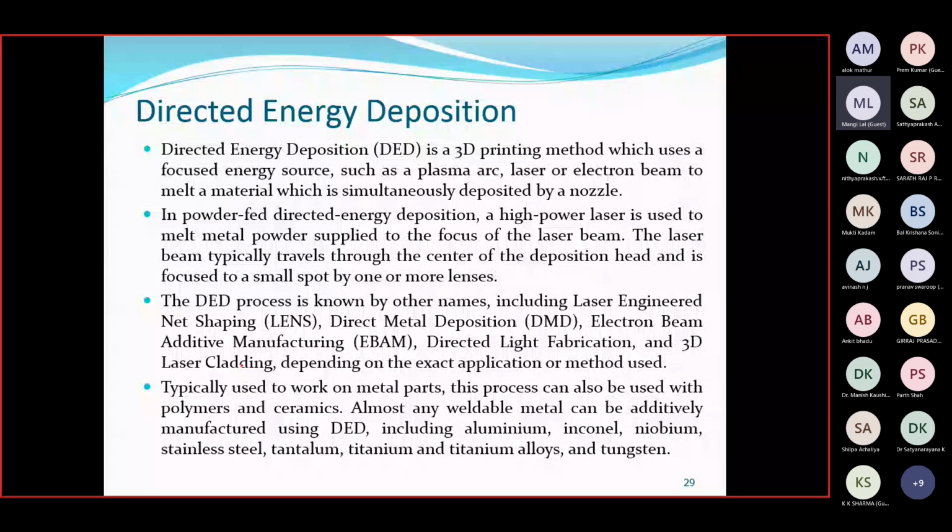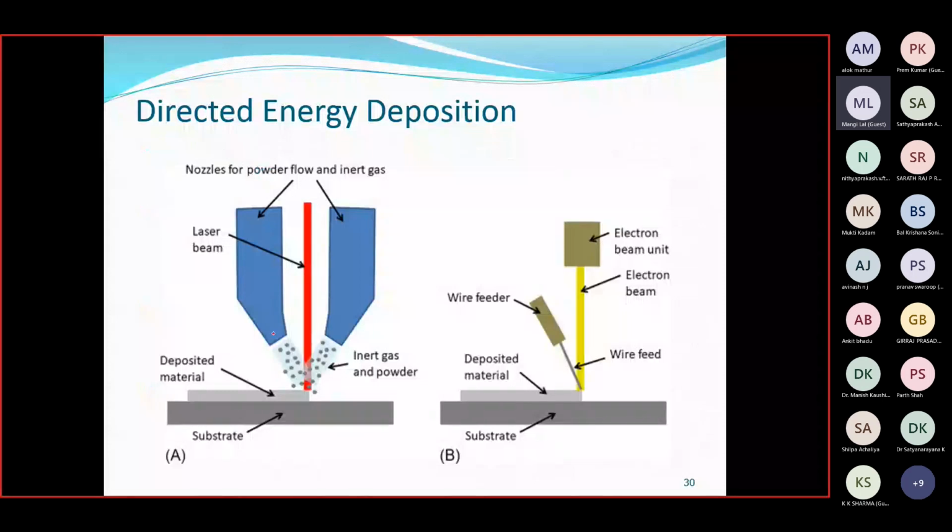Again, another one is directed energy deposition, DED. In this metal process, we basically focus on the energy source which is going to melt the material, which is deposited from a particular nozzle. This is one laser beam. Two different ways are there. Again, I will say this is the complete bed, or you can say the platform, upon which one nozzle is going to drop one material and another nozzle is going to drop another material.